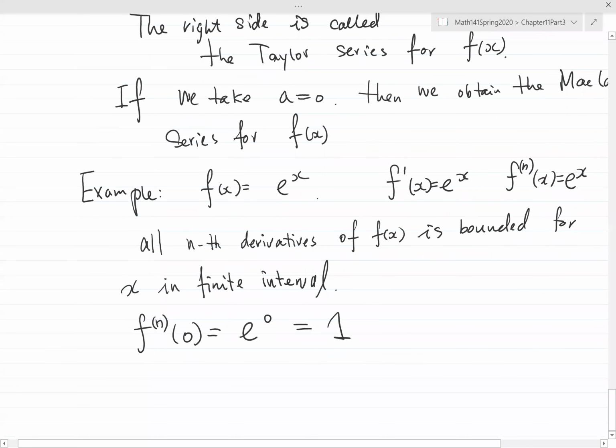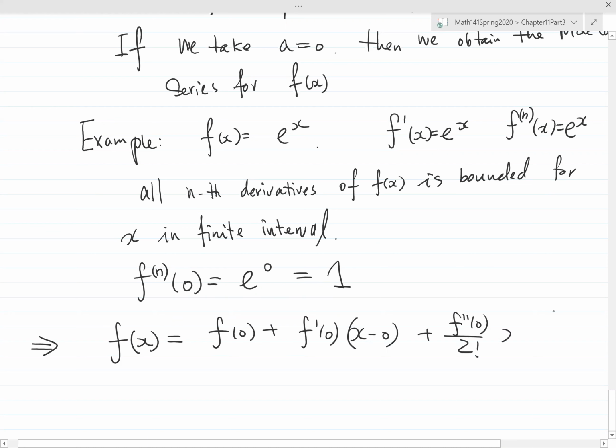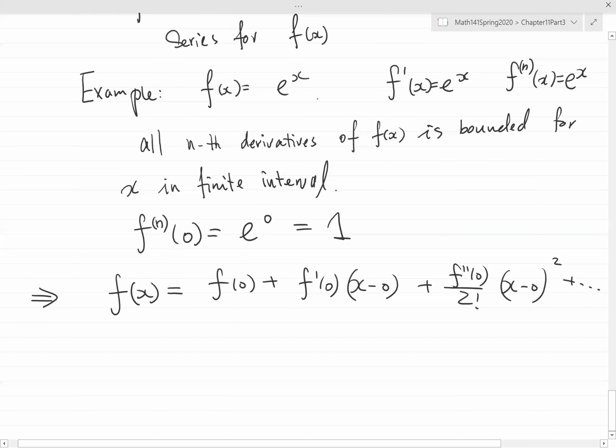So f(x) equals its Maclaurin series: f(0) plus f'(0) times (x minus 0) plus f''(0) over 2 factorial times (x minus 0) squared, etc. Now the nth derivative is just 1, and f(0) is e to the 0, which is 1.